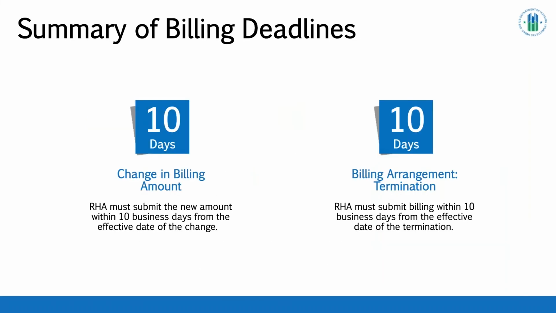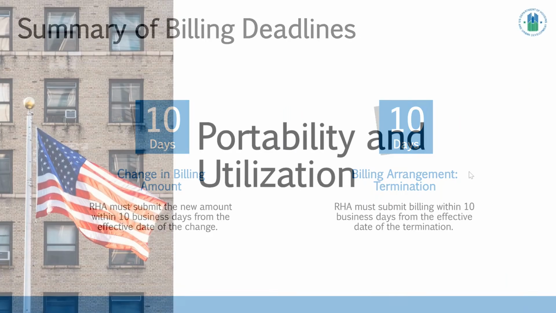If the billing amount changes, the receiving housing authority must submit billing within 10 business days from the effective date of the change. If the billing arrangement is being terminated, the receiving housing authority must submit the billing within 10 business days from the effective date of the termination.